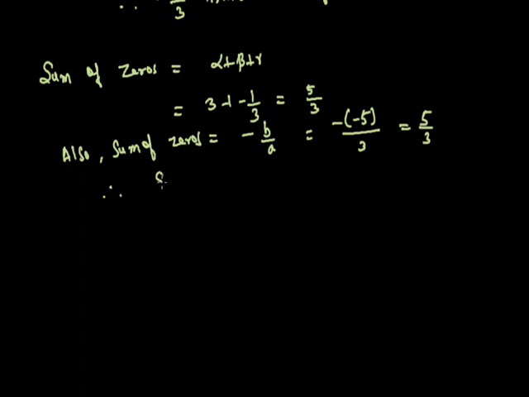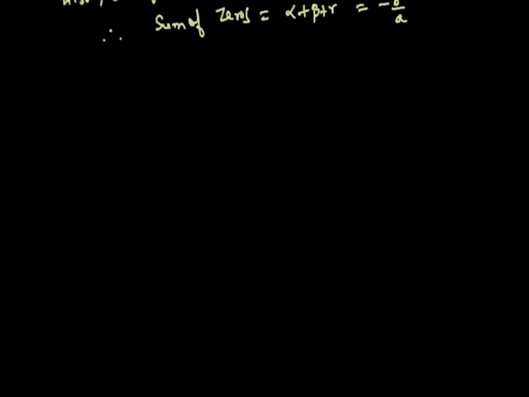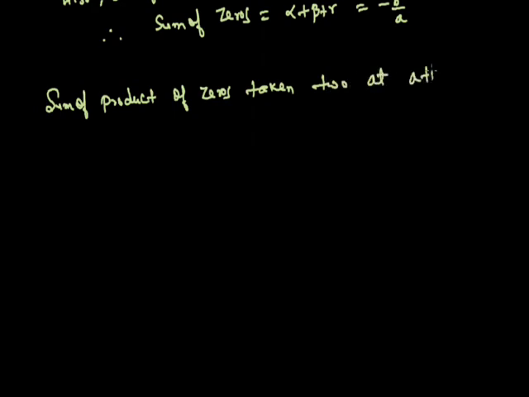Therefore sum of zeros, alpha plus beta plus gamma, is equal to -b/a. Now the sum of products of zeros taken two at a time is alpha beta plus beta gamma plus gamma alpha.